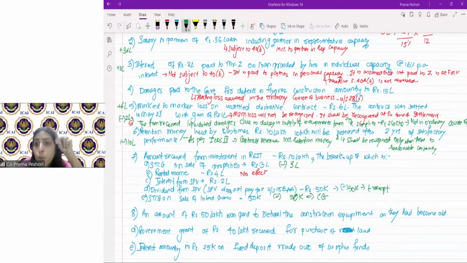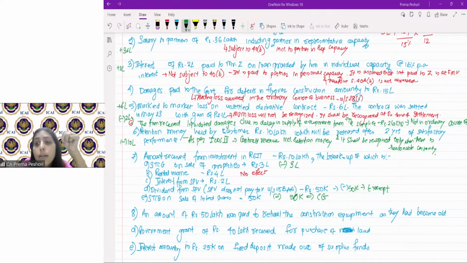So 115UA is a specific provision applicable for the income of the unit holder from the business trust. And it says that other than the income chargeable under 111A or 112, the other income will be charged to tax at the maximum marginal rate.